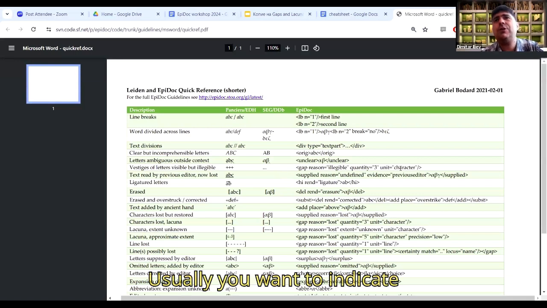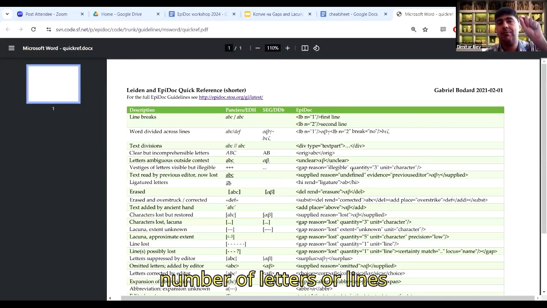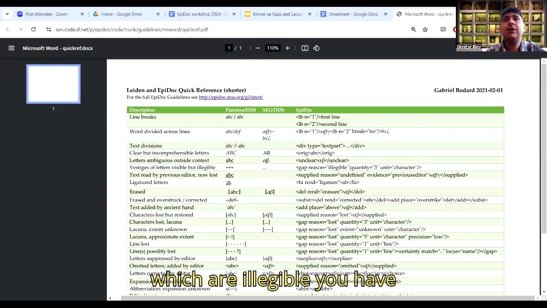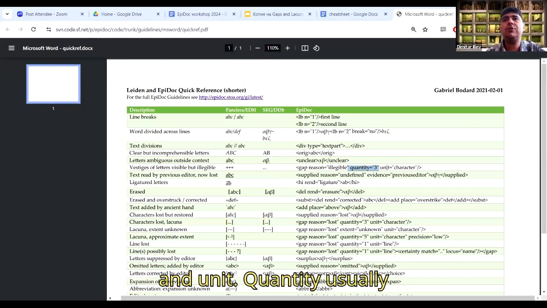Usually you want to indicate how big your lacuna is. So if you have a precise number of letters or lines which are illegible, you have additional attributes which are quantity and unit.